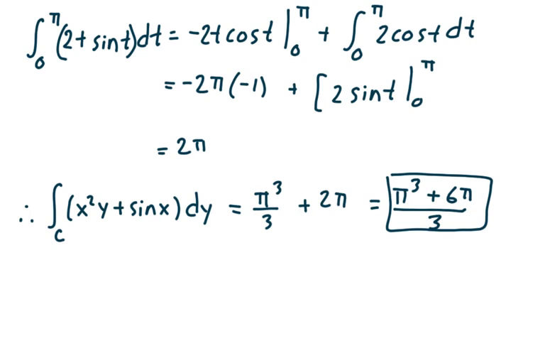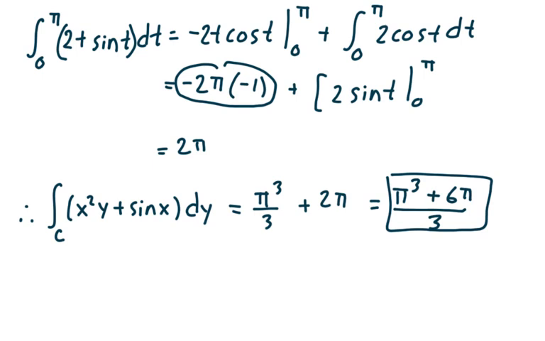And so, again, you get plus the integral from 0 to pi of 2 cosine t dt. So remember, cosine of pi is negative 1. So when I replace t with pi, I get negative 2 pi times negative 1. That's right here.